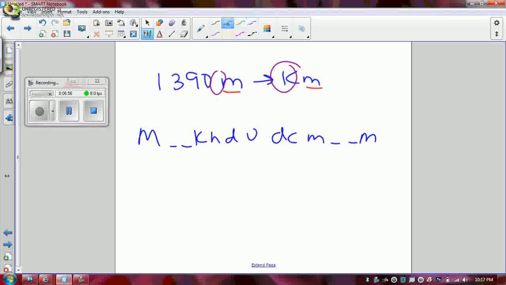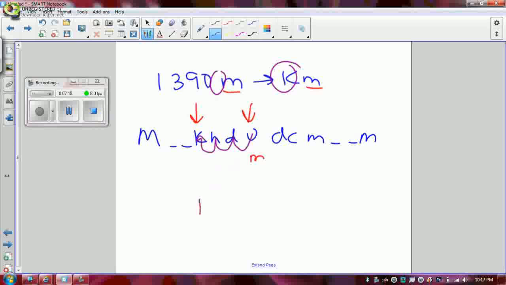Alright, so now that I've got that, notice that there's no Greek prefix in the front, or no metric prefix. So that tells me I'm actually at the base unit, which is meter. And I want to go to kilo, which is right here to the left. So I ask myself, how many places does it take to get from the base unit to kilo? And I go 1, 2, 3 places to the left.